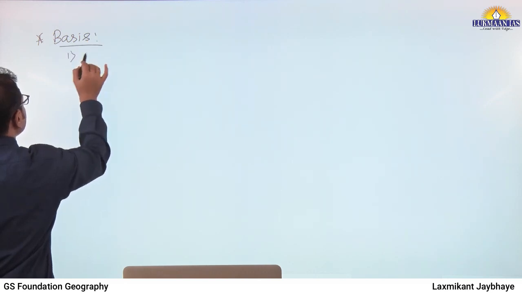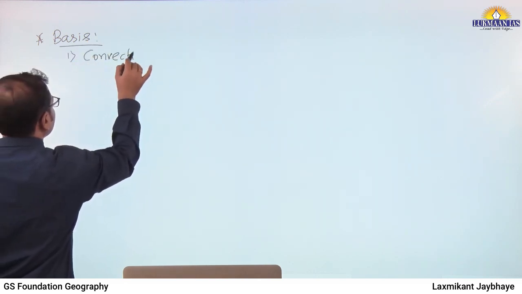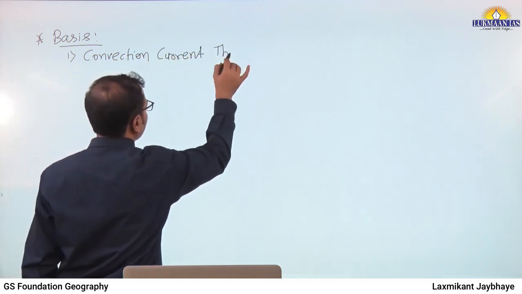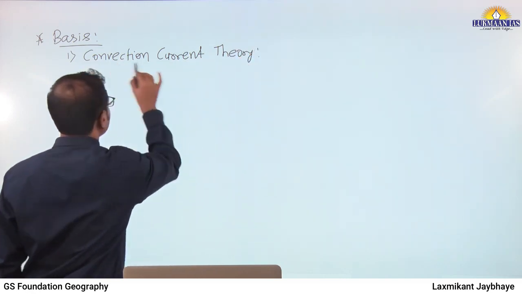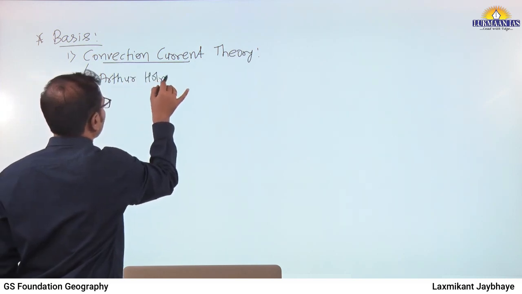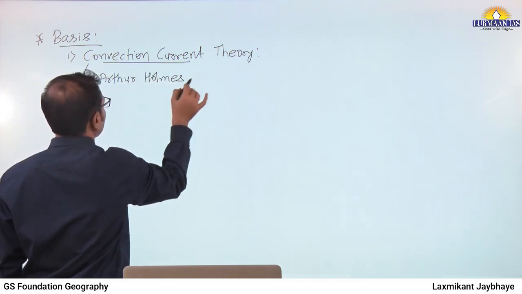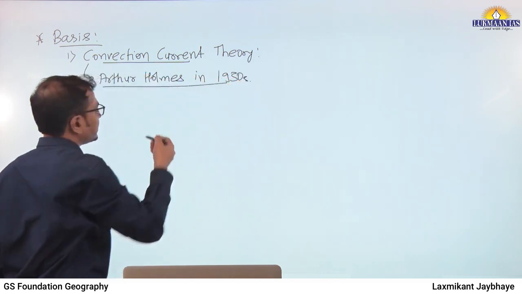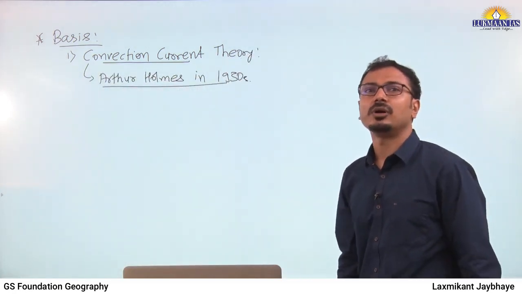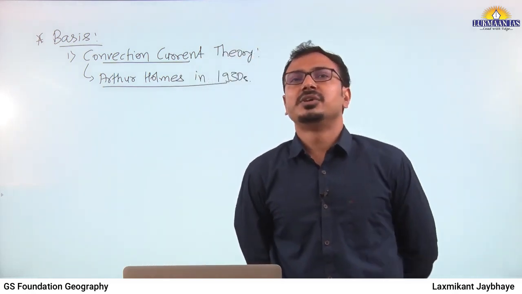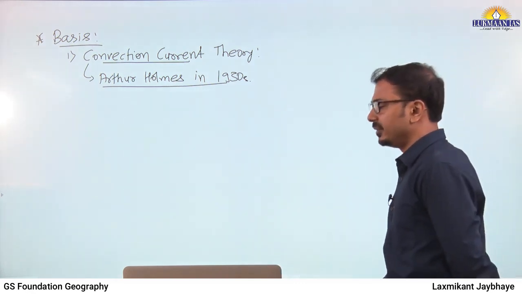In that, the first concept is convection current. This convection current theory was given by Arthur Holmes in the 1930s, and it provided the satisfactory, adequate force responsible for the movement of plates, lithospheric slabs, and continents which are freely floating over the liquid asthenosphere.